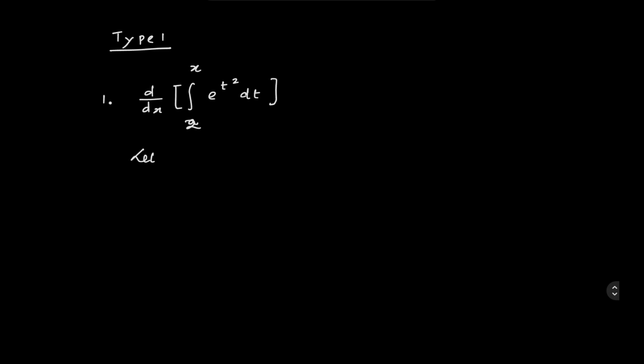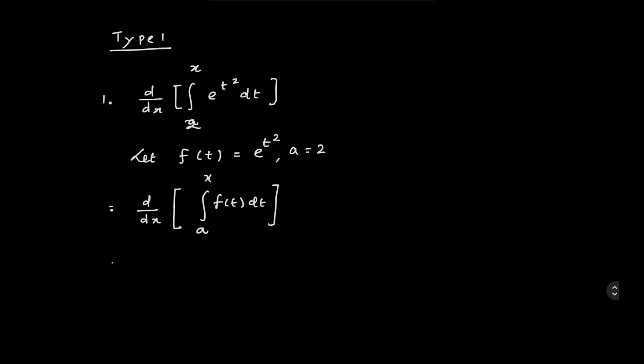Let f(t) equal e raised to t square and a equal to 2. So this can be rewritten as d by dx of the integral from a to x of f(t) dt. By the fundamental theorem the answer will be f(x).